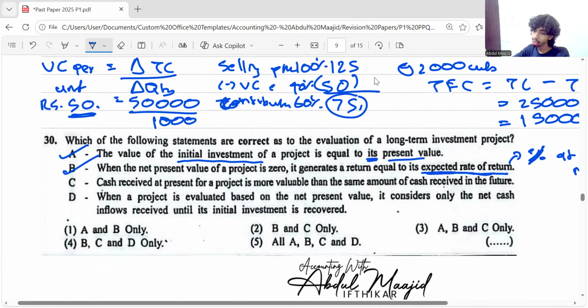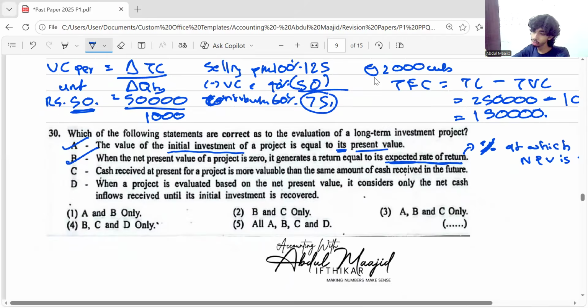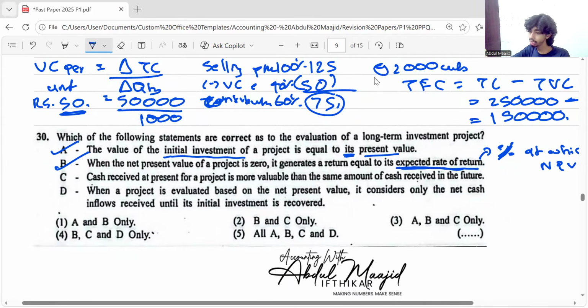That is correct. Then C, cash received at present for a project is more valuable than the same amount of cash received in the future. The value of money keeps on depreciating, right? So the cash you get today won't be equal to that same cash amount you get in the future.